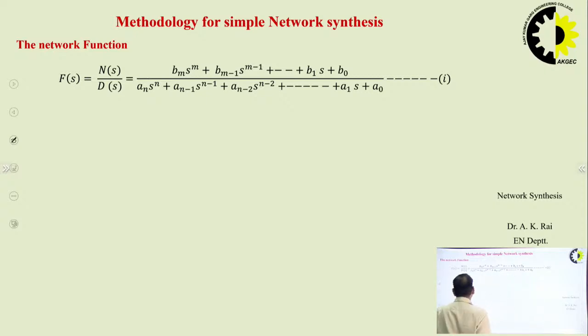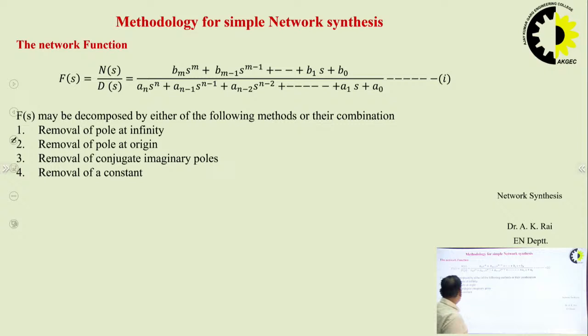So, how will we do it? There are 4 methods, and we can use either of the following or their combination. We do the removal of pole at infinity, removal of pole at origin, removal of conjugate imaginary poles, and removal of a constant.